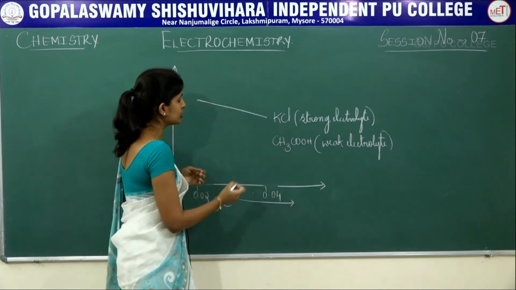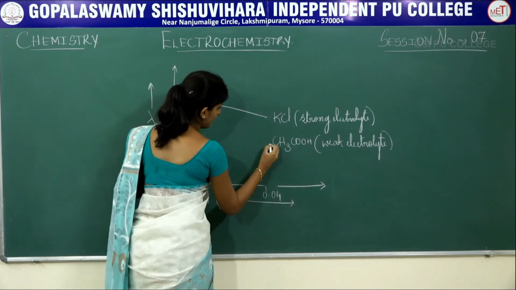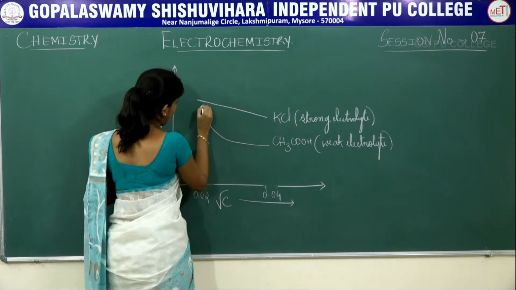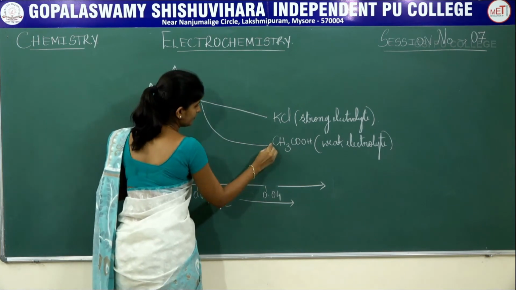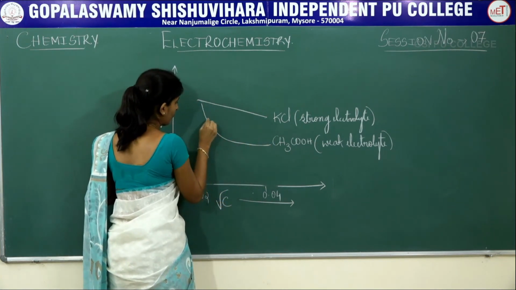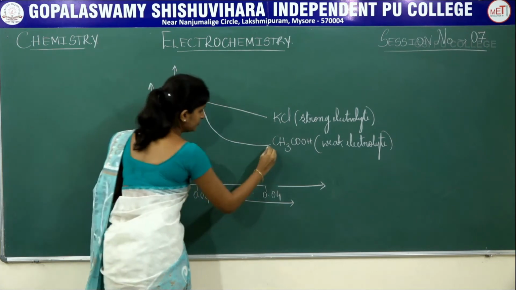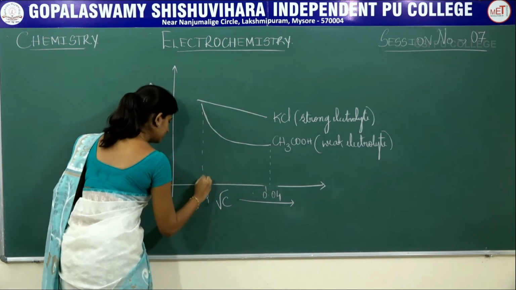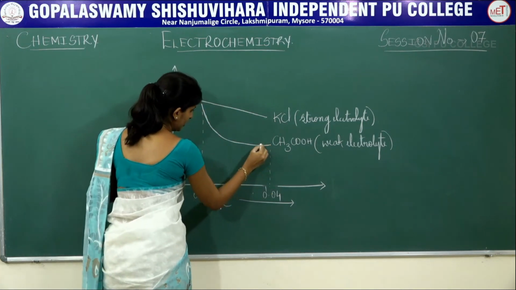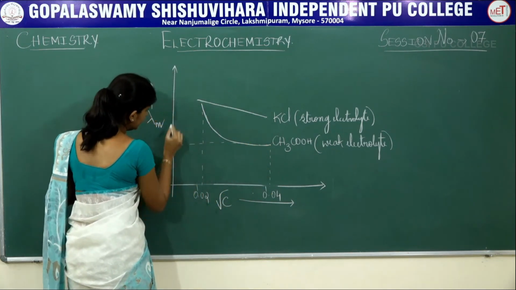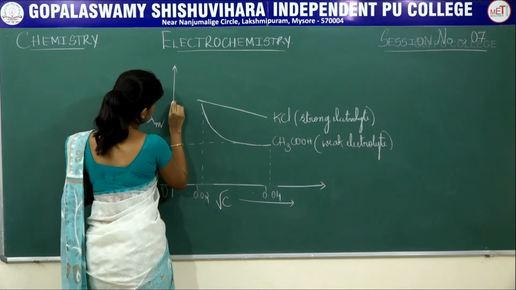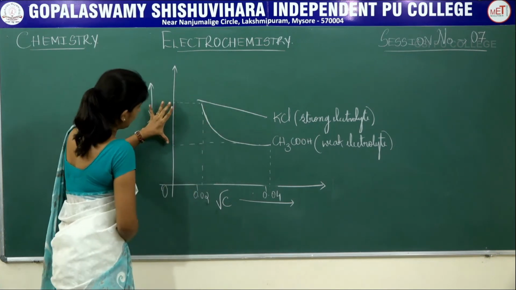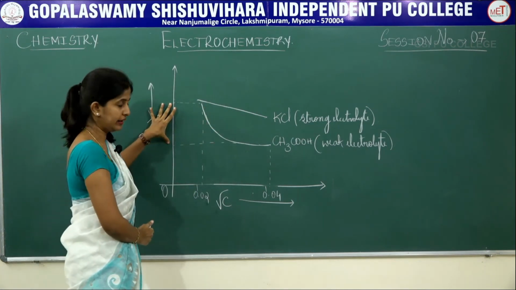That is, upon dilution the curve goes like this. You can observe, if this is the dilution extent, this is the extent of increase in molar conductivity.